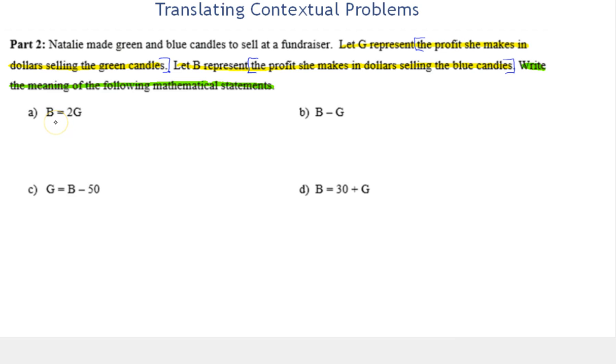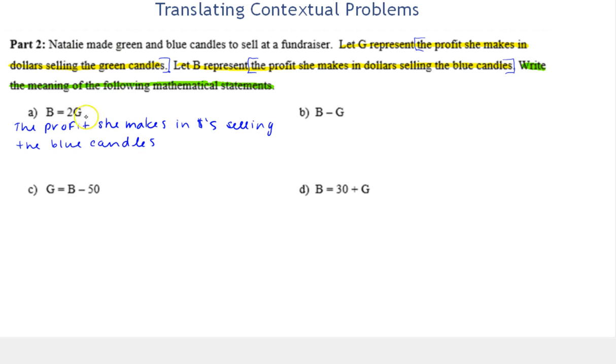So let's start. B is, so we're going to write the profit she makes in dollars selling the blue candles.